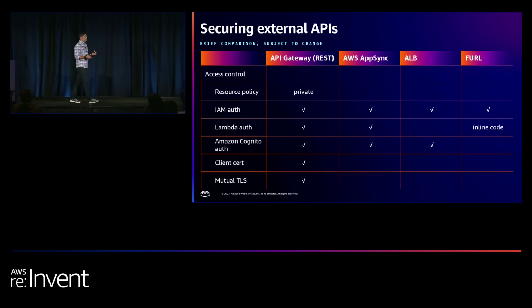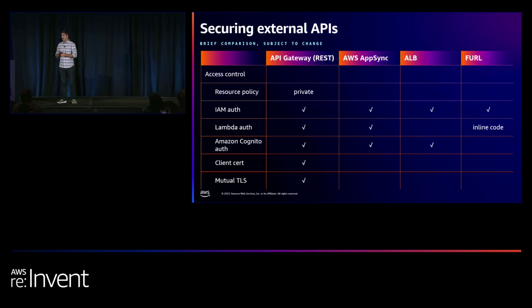So when we talk about securing APIs, we wanted to give you a quick snapshot of some of the options from an access control perspective across API Gateway. And by the way, this is the REST API variation of API Gateway. AppSync, the application load balancer, and Lambda function URLs. So AppSync and API Gateway have a pretty comparable rich set of things like IAM, Lambda auth, Cognito.